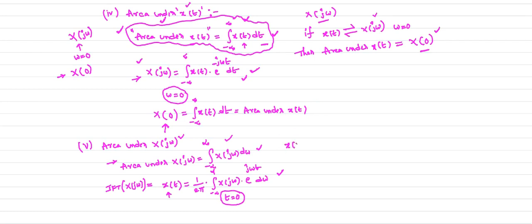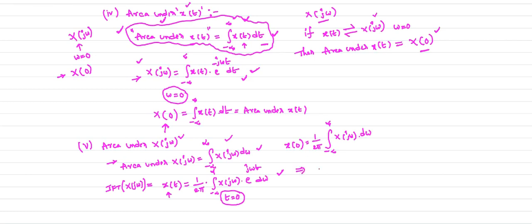We will get x of 0 is equal to 1 by 2 pi integral minus infinity to plus infinity X of j omega, and e power j omega into 0 is nothing but e power 0, so e power 0 is 1, into d omega.